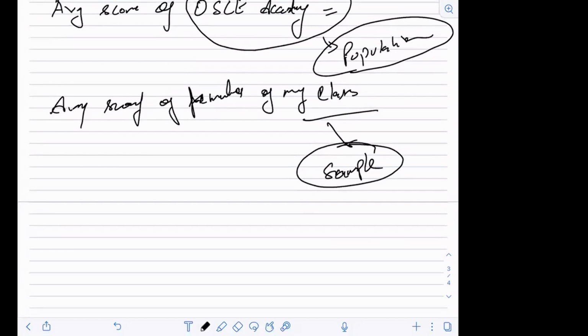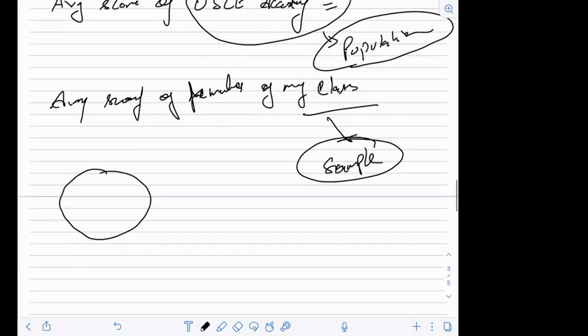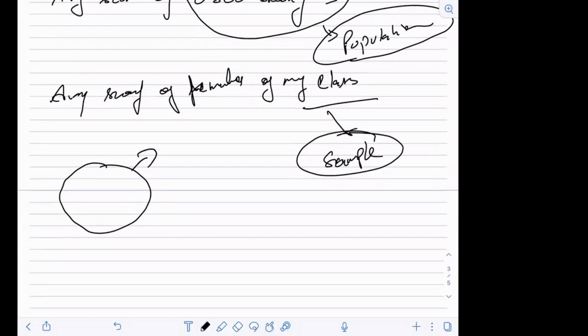If I say the whole class, whether it is 10, 15, 20, 30 or 100 students, that would be called the population. But if I talk about a portion of that, one of the parts of that population, it would be referred to as a sample.